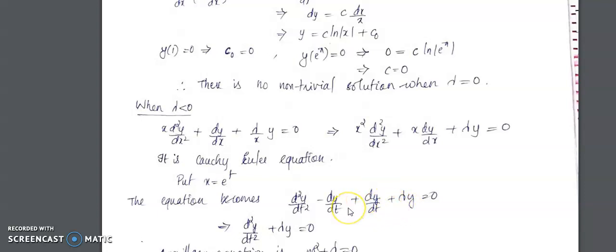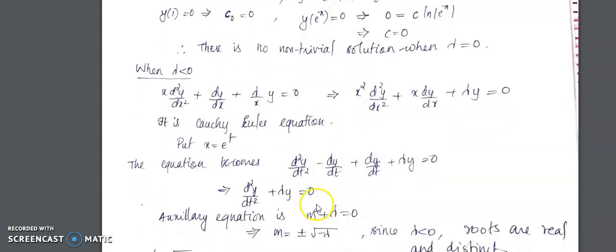So dy/dt cancels out, and the equation reduces to d²y/dt² plus lambda y equal to 0. The auxiliary equation will be m² plus lambda equal to 0. So the roots will be plus or minus root of minus lambda.